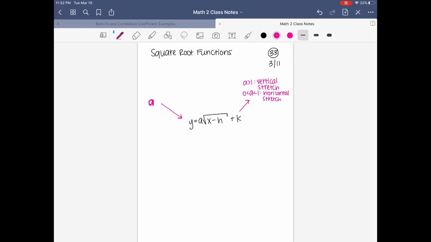And finally, a can be a negative number. If a is negative, that is going to give you a reflection over the x-axis. In other words, it flips. All right, so that's what happens when you have an a value other than 1 in front of that square root.